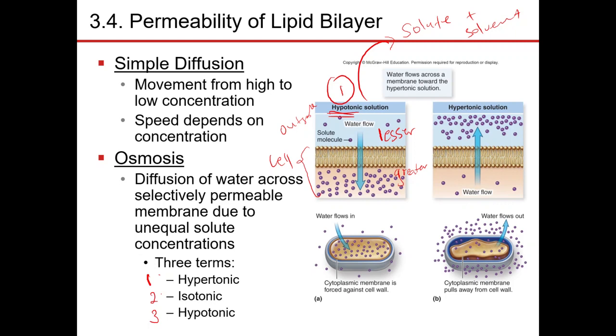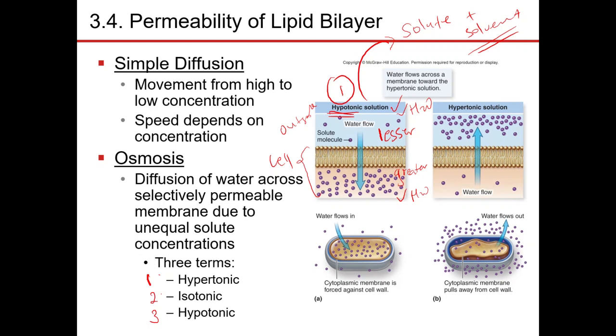So if you look at the hypotonic solution box, you have fewer dissolved substances outside than inside, which means the amount of water here is more than here. Because if you have lesser dissolved substances, that means your solution is largely solvent. So you have more solvent than solute, and here solvent is referring to water. So you have more water outside than inside.